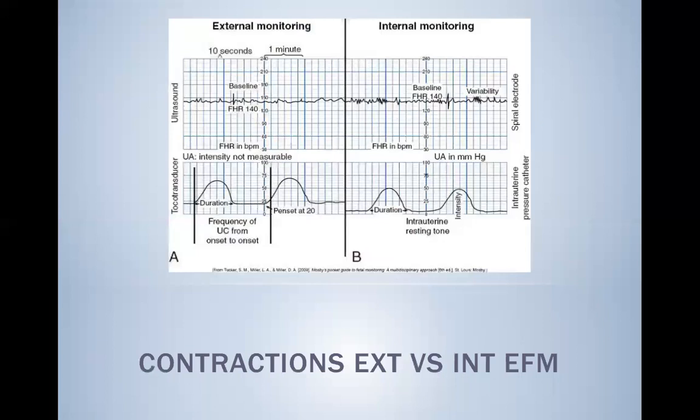So we ideally want contractions that are no longer than 100 seconds long, with a 60-second resting tone in between to promote adequate fetal oxygenation, meaning a frequency that allows for a 60-second rest period in between contractions.